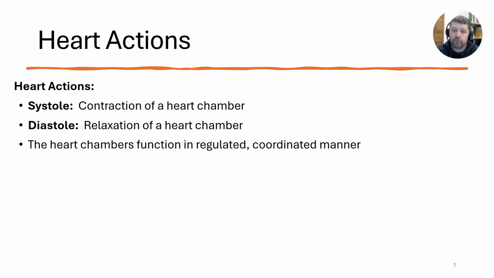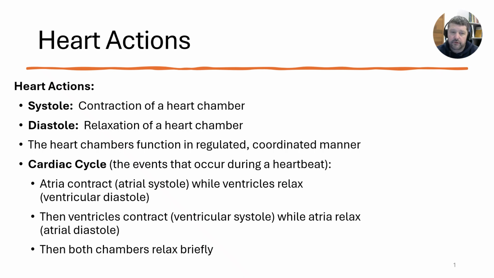Depending on what chamber is contracting or which chamber is relaxing, that'll get the term that we're talking about. So if we're talking about a cardiac cycle, this is what's occurring during a heartbeat. First, the atria, the right and left, will contract. We refer to that as the atrial systole.